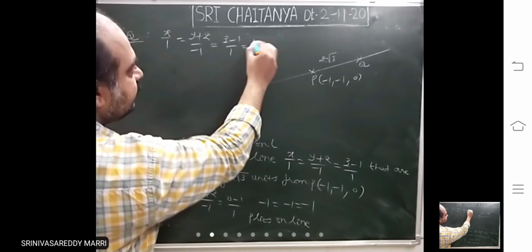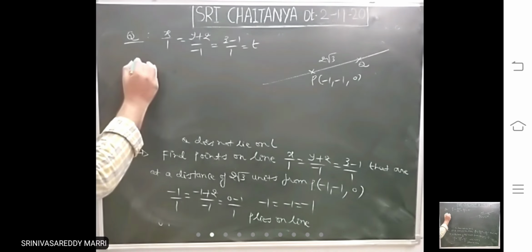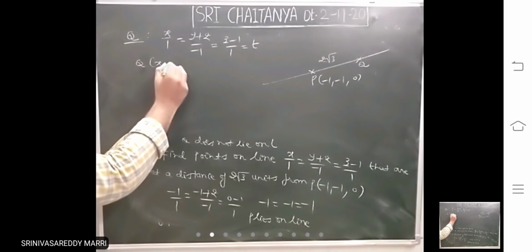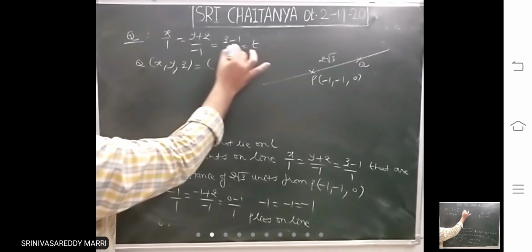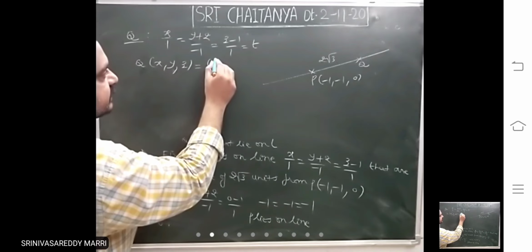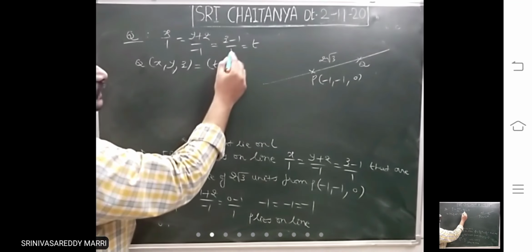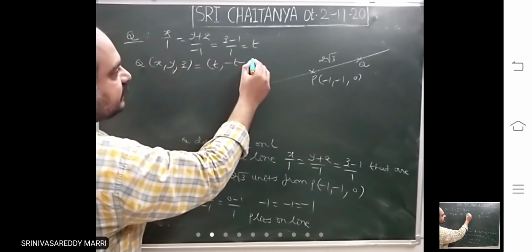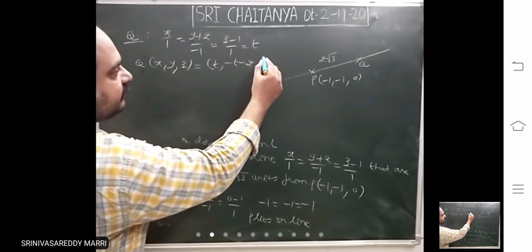Take this equal to some T. Q point is X, Y, Z. So Q is nothing but X, Y, Z. Equate this to T, then you will get the X value in terms of T. Equate this to T, what you will get? Minus T minus 2. Equate this to T, what you will get?